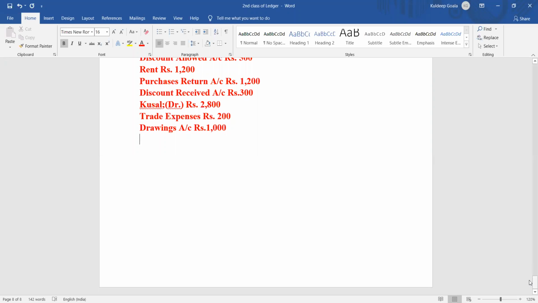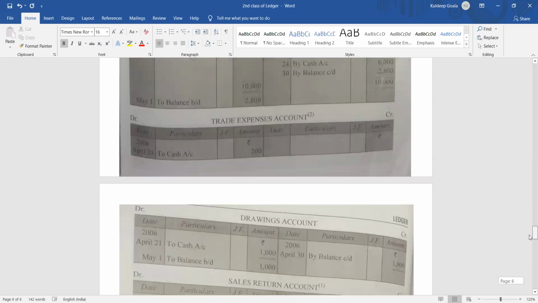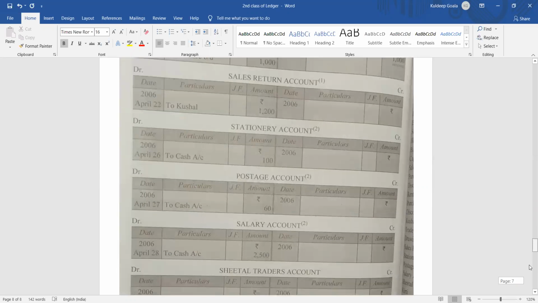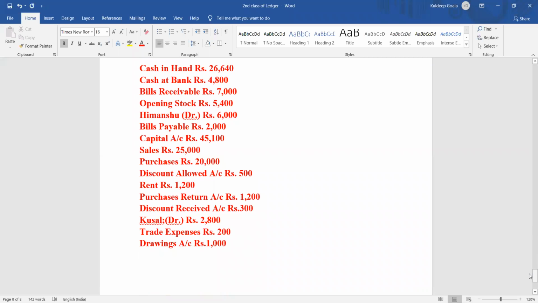So now the next one we will see, that is after drawings we have sales return account, which is showing 1200, right? Now I need to see what is the name of the person and all. Okay, only the account name, sales return account. If you don't mention the account, then also there is no harm, no problem in that. It will not have any impact. So 1200 rupees.